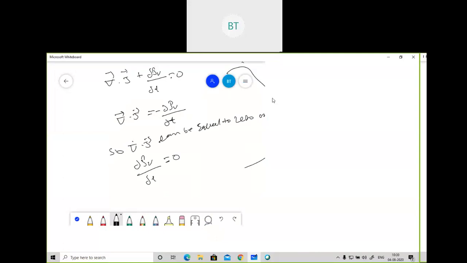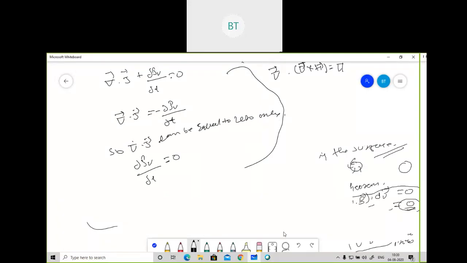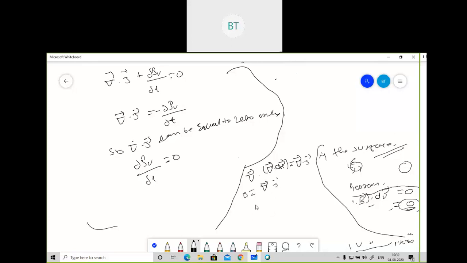So what you need to do is, this is a mathematical form from which I am getting the second part of the equation which Jaya has asked.